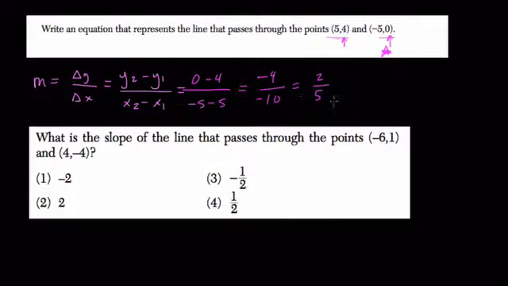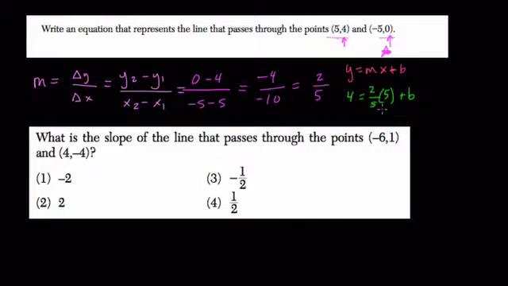So that's our slope, and now we need to find the y-intercept. So here, I'm going to use my y equals mx plus b format. And m is the slope, and b is the y-intercept. So we just need to find the b value. To do that, I'm going to plug in my slope, and then I'm going to plug in one of the 2 points. So I'll plug in the first point. And we're almost done.